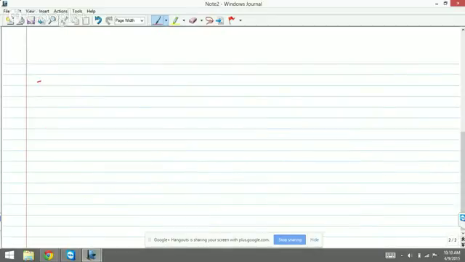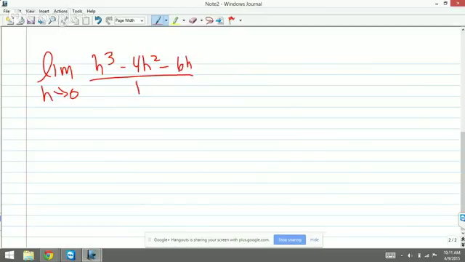Well, the limit as h approaches 0, h cubed minus 4h squared minus 6h over h.